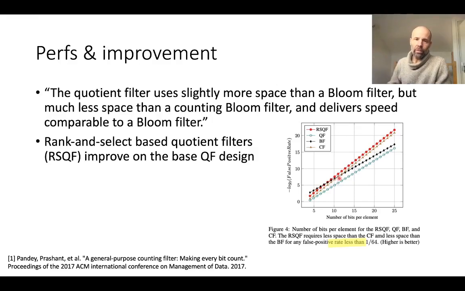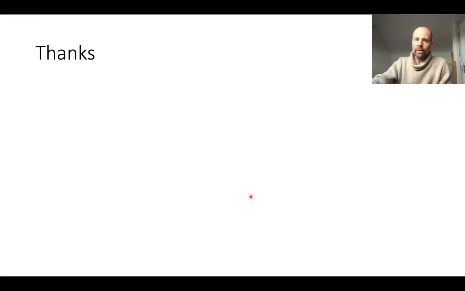Something independent from the quotient filter that is interesting to notice on this figure, and this is true for all approximate membership query data structures, is the fact that when you have a low amount of memory, so a high false positive rate, the Bloom filter is always the best data structure. So simpler is better in this kind of situation. And that's it. This ends this presentation.